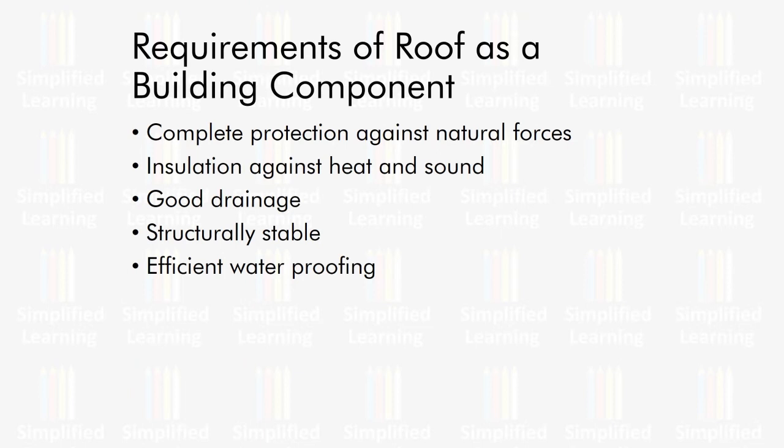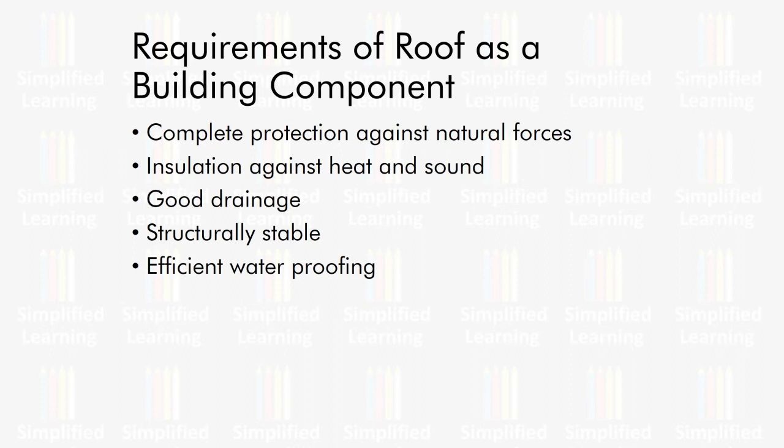That's why good drainage properties are desirable for any roof, whether it is a flat roof, pitch roof or slope roof. Then it should be structurally stable, meaning it should be able to take all the loads and forces coming on it, and it should not deflect, crack or get destabilized in any manner. Then it should provide efficient waterproofing.